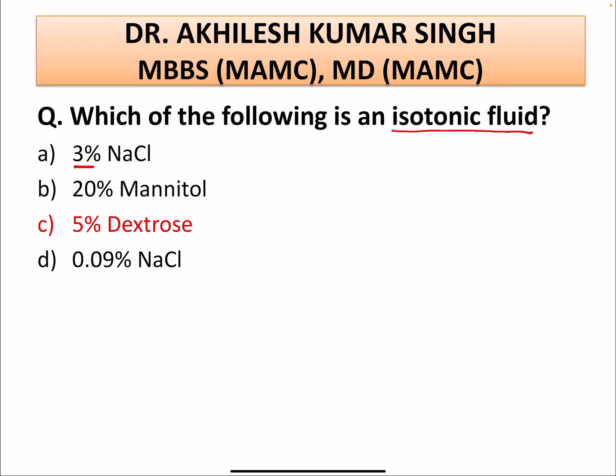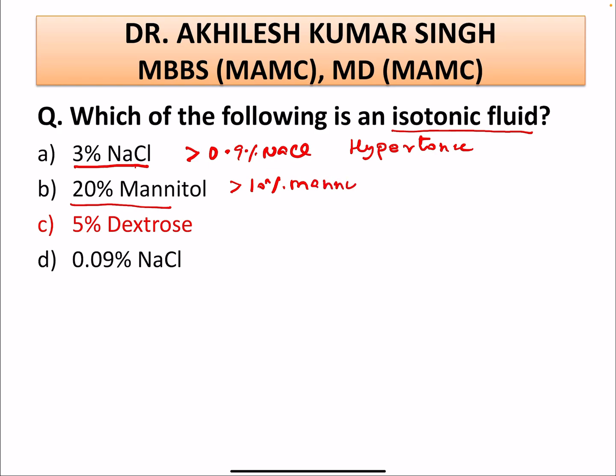Here this 3% NaCl, this concentration is more than 0.9% NaCl, so it is hypertonic. 20% mannitol is more than 10% mannitol, so again it is hypertonic fluid. 5% dextrose is isotonic fluid.